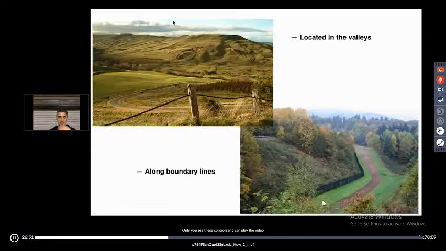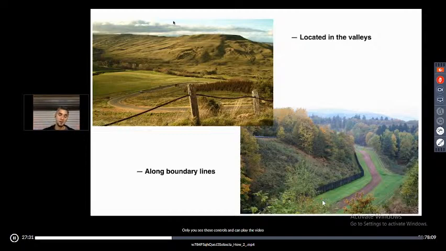And finally, we have roads located in the valleys or along boundary lines. The first one, in the valleys, they can be constructed well and also used, but as I said, they are subject to more erosion. They are subject to flooding as well, especially in high rainfall areas. As we said in the reading the landscape lesson, we were talking about the soil and distribution of the soil and different moisture regimes.